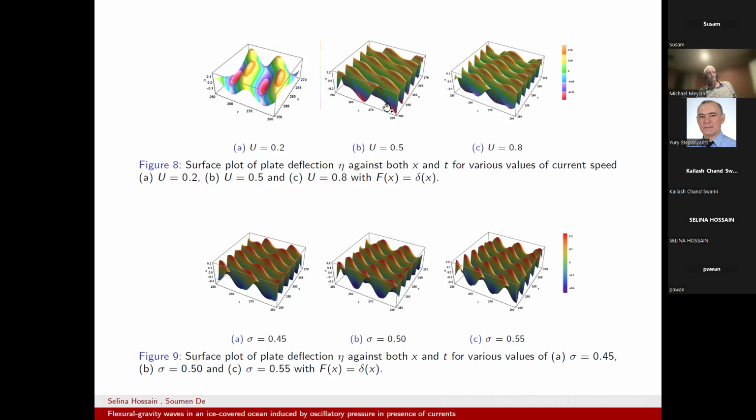Also, for higher values of u, the oscillatory behavior increases. Figure 9 shows that as the angular frequency of the applied pressure increases, the amplitude of the plate deflection does not vary significantly, but the frequency of the wave changes. And the number of peaks in the resulting wave increases for higher values of sigma.